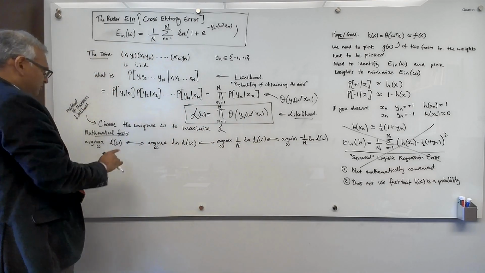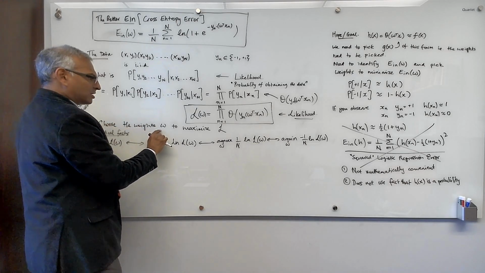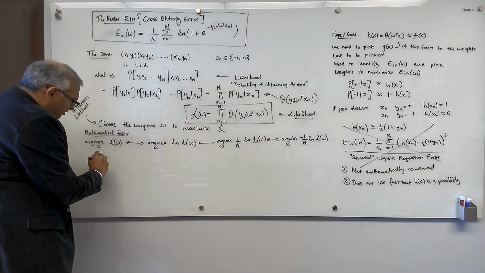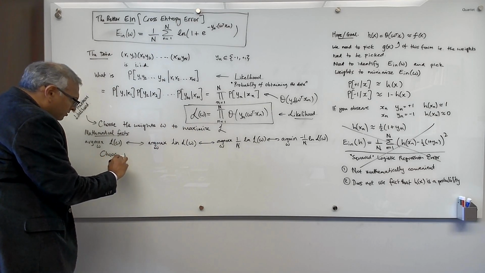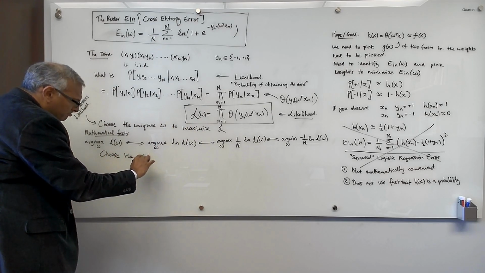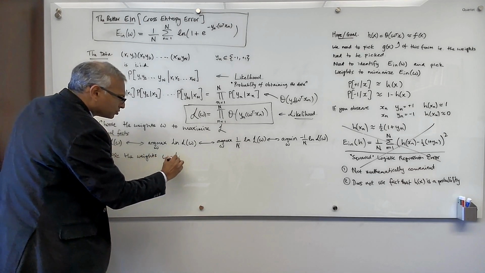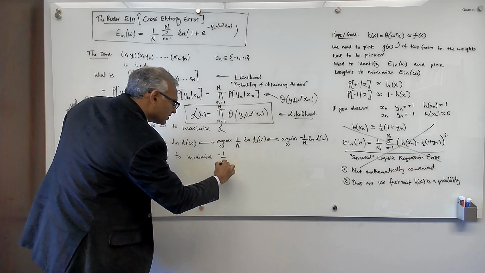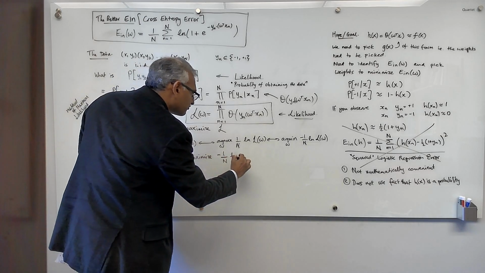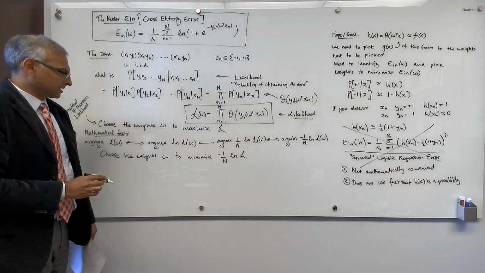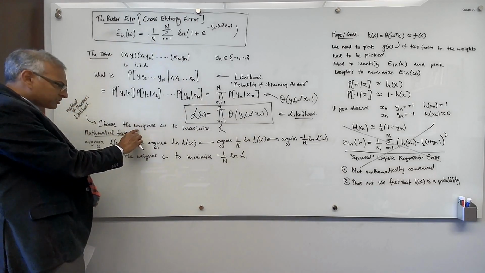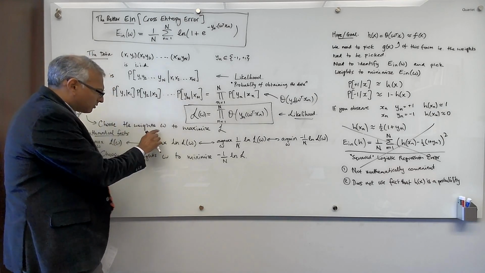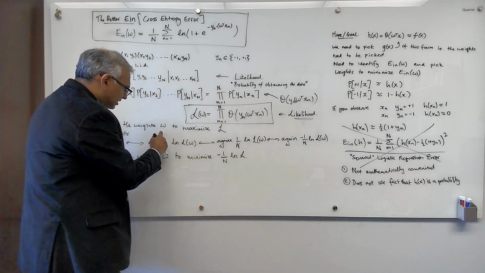So the prescription, which is to choose the weights W that maximize the likelihood, has now translated into the prescription: choose the weights W to minimize minus 1 over n times the log of L. And I want to emphasize that that prescription and this prescription are the same prescription. They will produce the same weights W.